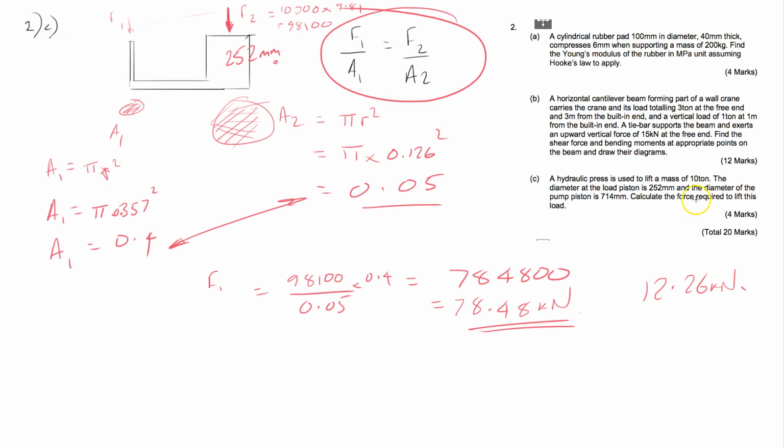The diameter of the pump piston, so this is where you're going to actually start pumping in order to lift the load, is 714 millimeters. In other words, quite big. So there we have pi r squared, we get 0.4 here, and for 252, we get 0.05.